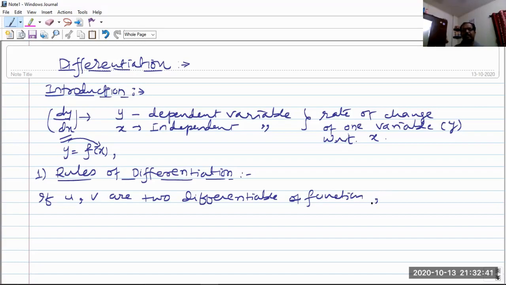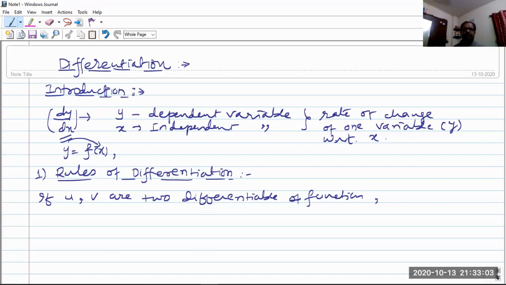That we already know from the limits of a function. Differentiation can be defined in terms of limits also. So we can say a function is said to be differentiable if the limit of the function exists. In that case, we say it is a differentiable function.